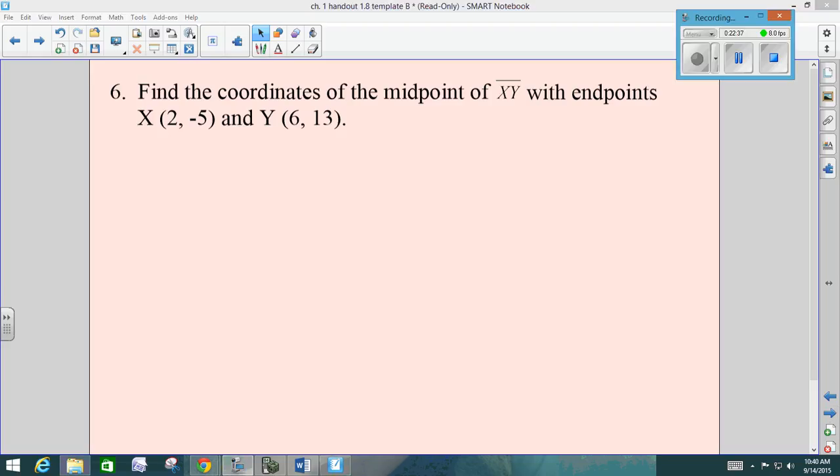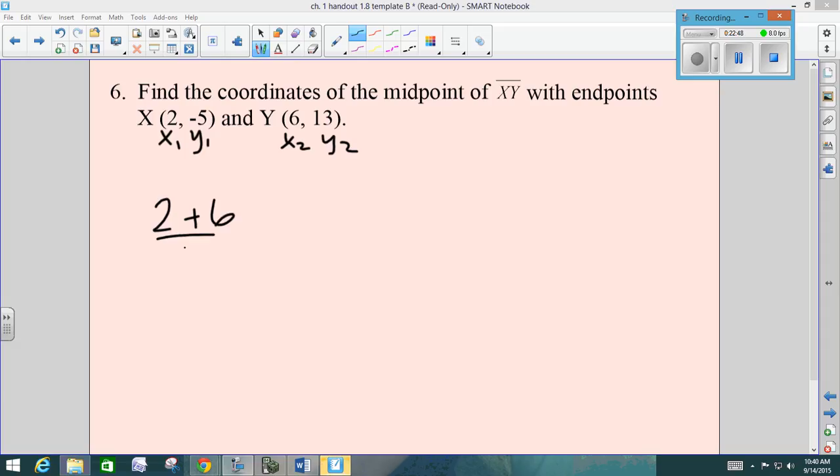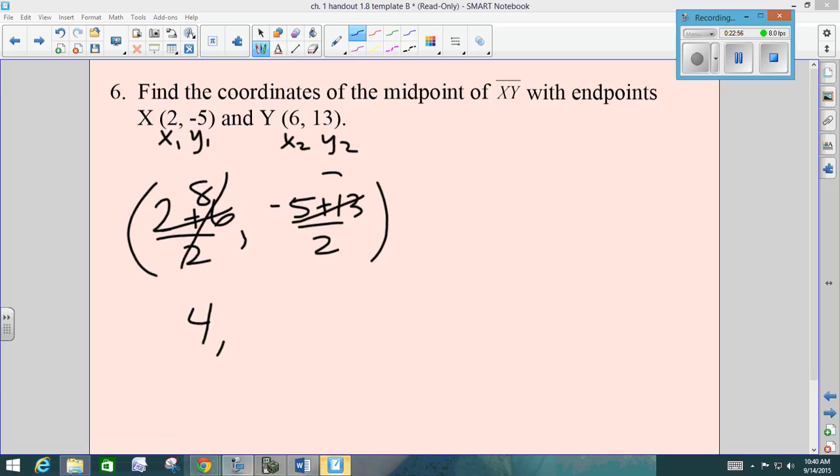For number 6, I'm just going to say the first point is x1, y1, and the second is x2, y2. My midpoint then is 2 plus 6 over 2, -5 plus 13 over 2. 8 divided by 2 is 4. 8 divided by 2 is 4.